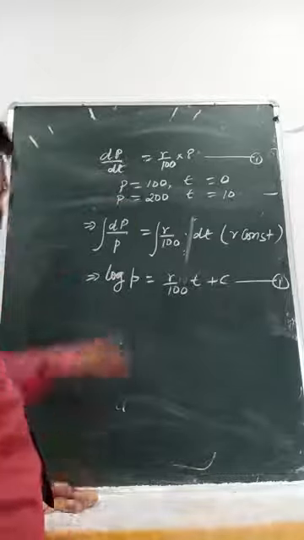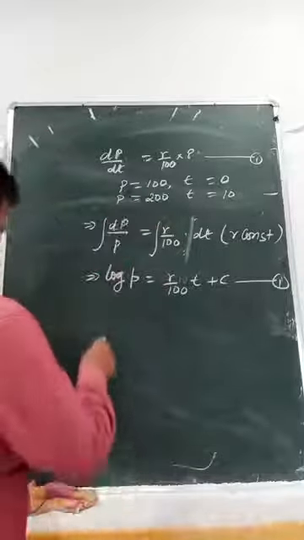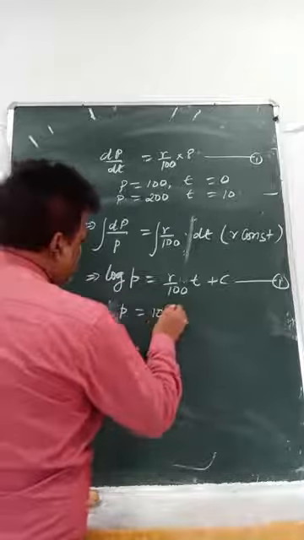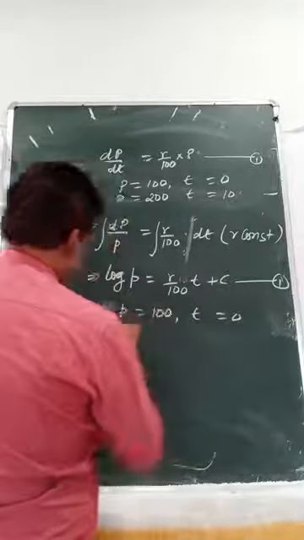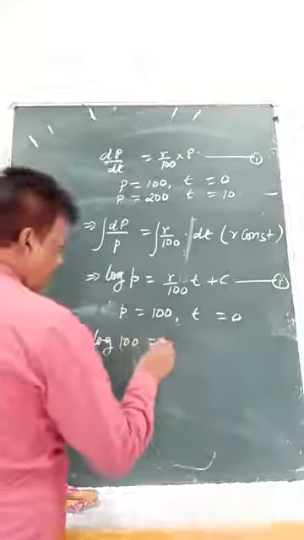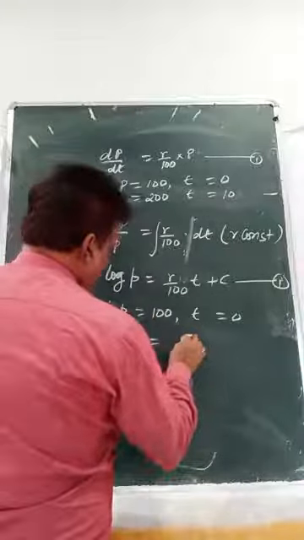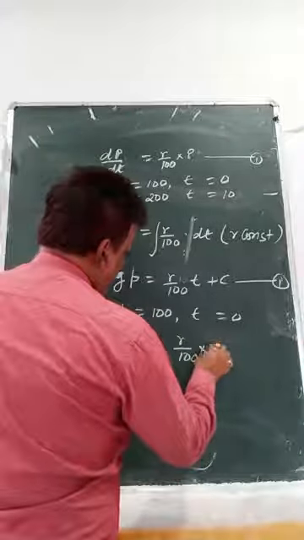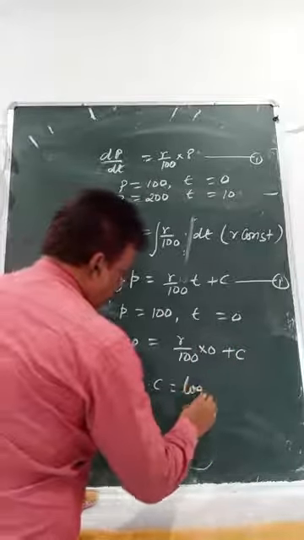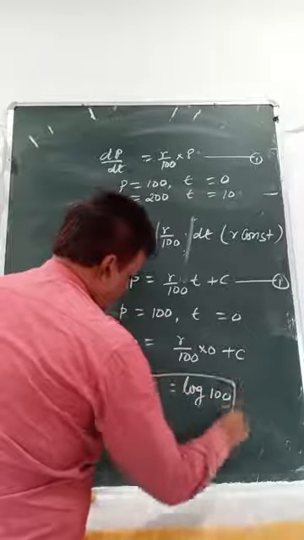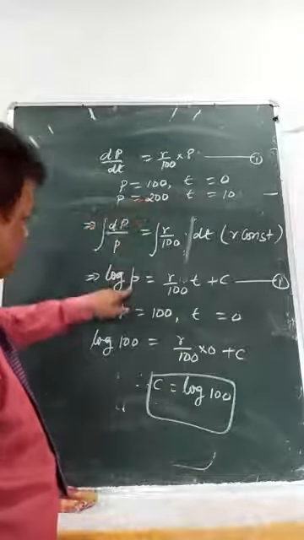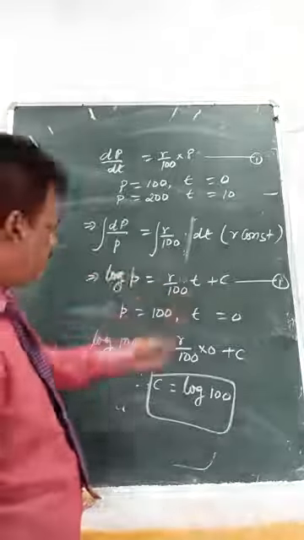When P equals 100, time is 0. Means log 100 equals R by 100 into 0 plus C. Therefore C equals log 100. Then double itself, that means P will be 200, time will be 10.